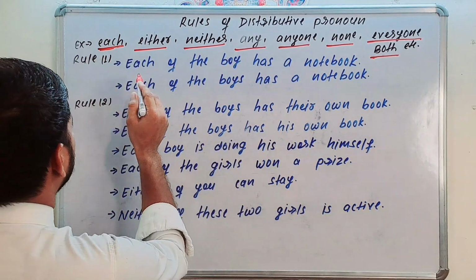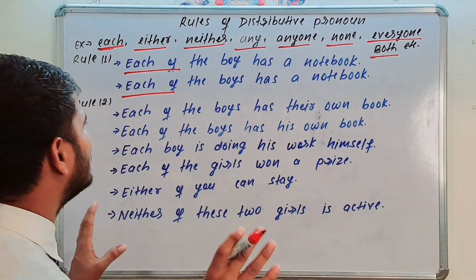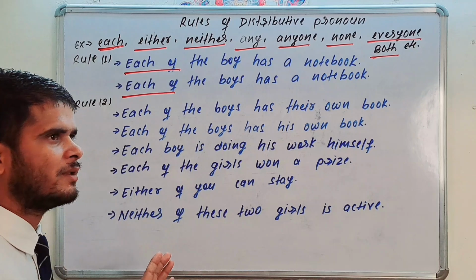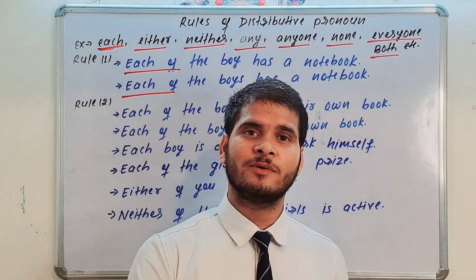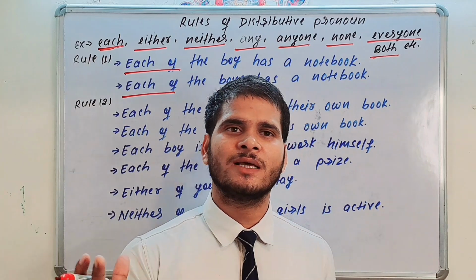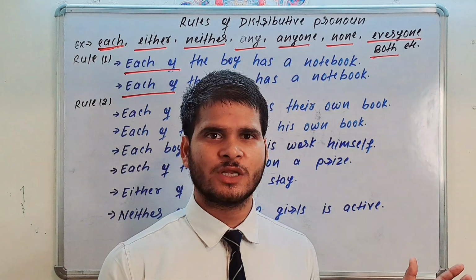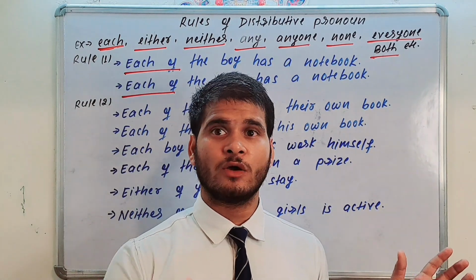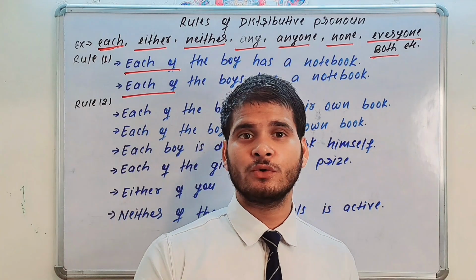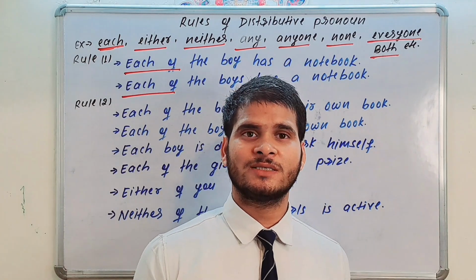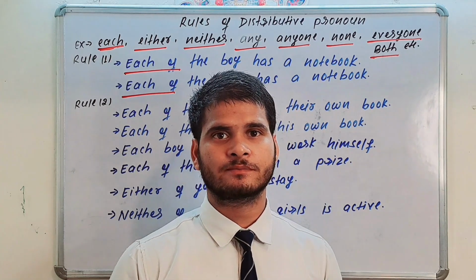I have written only two examples, with each of, but you can understand it with every distributive pronoun. You can put either of, neither of in the place of each of. It's on you to create more sentences, using one distributive pronoun in each sentence.